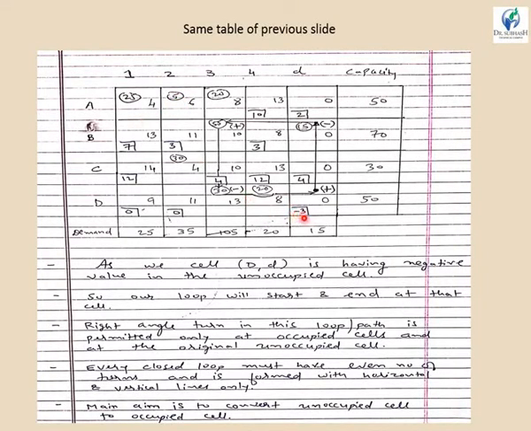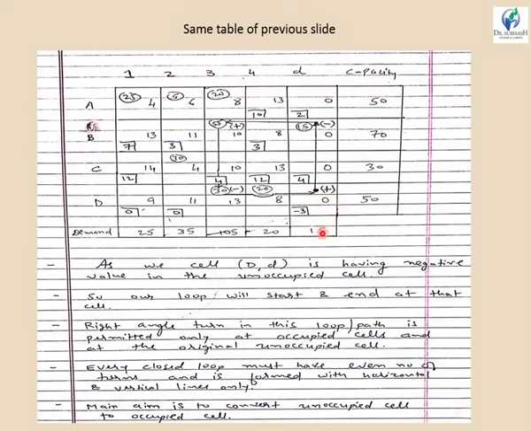Now you can see in this cell we have a negative value of the opportunity cost. So as we see, cell DD has a negative value in the unoccupied cell, so our loop will start and end at that cell. So we will start drawing the loop from that particular cell.